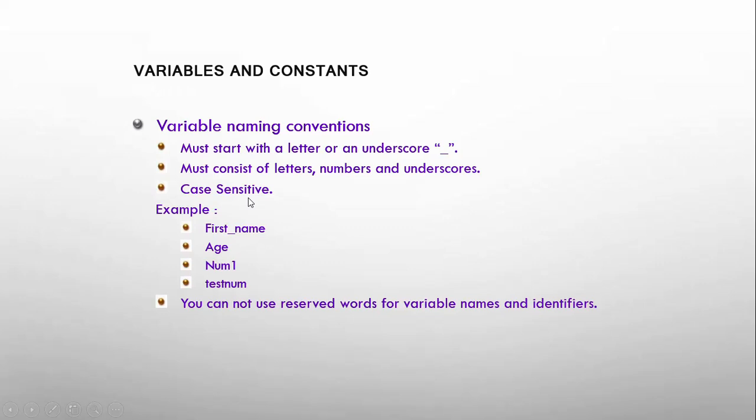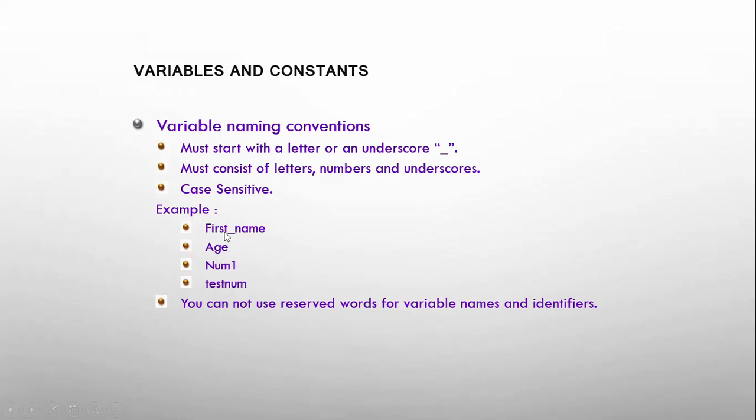Like a very simple example, suppose I declare a variable here as capital A, so I have to print capital A in the print function, not small a. So the variable name should be correct. All programming languages are case sensitive, so Python is also highly case sensitive.